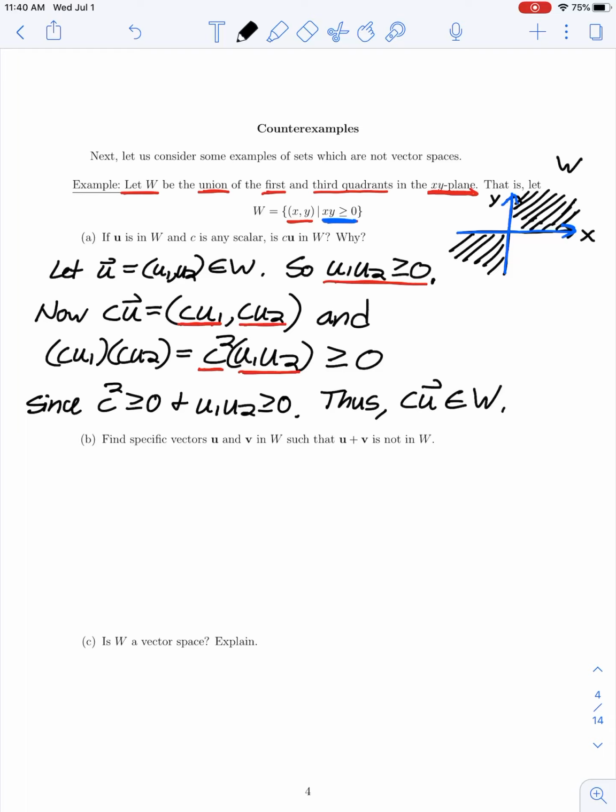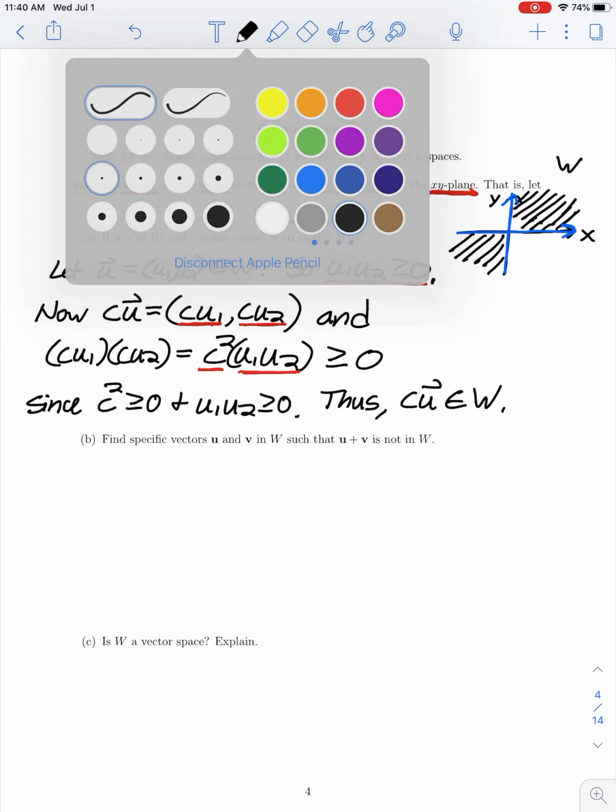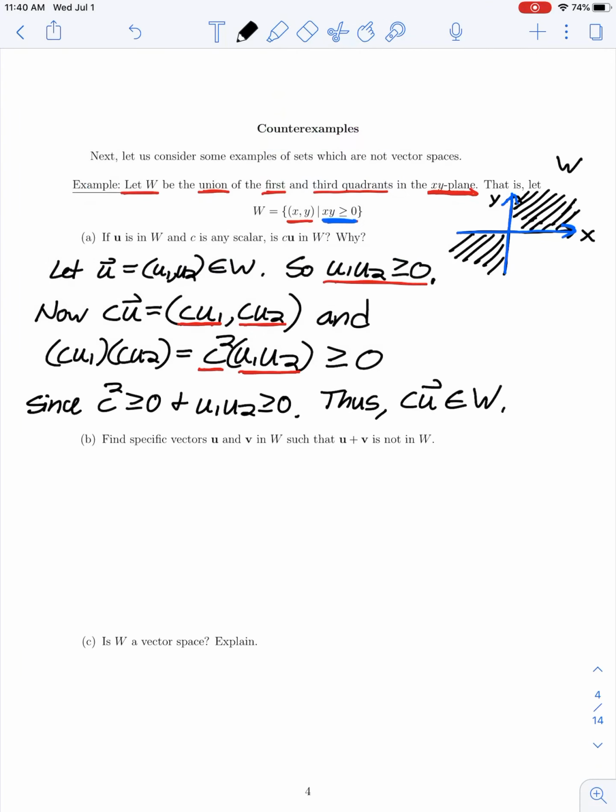Now, in part B of this example, we are asked to find specific vectors u and v in this space W such that the sum u plus v is not in W. It turns out this space is not closed under vector addition. So let's try to find examples of vectors u and v such that the sum would not be within our set.